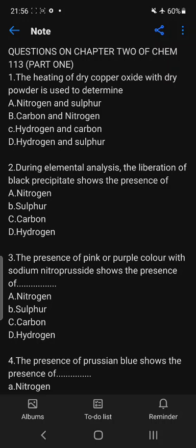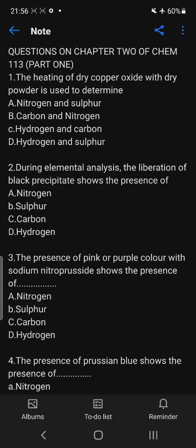The first question says the heating of dry copper(II) oxide with dry powder is used to determine hydrogen and carbon.